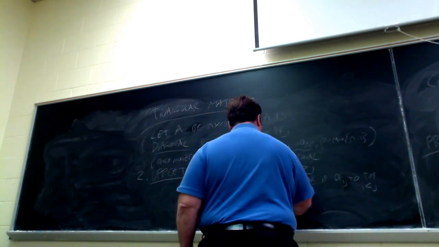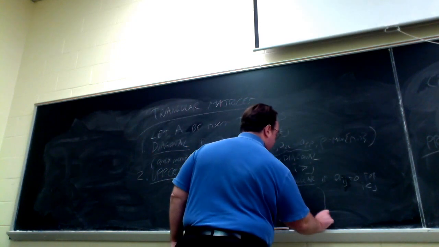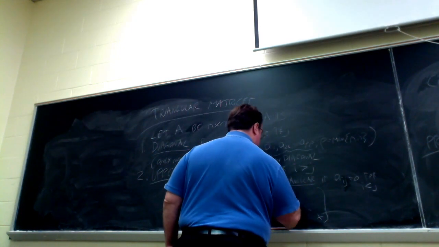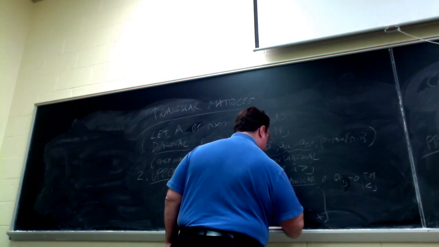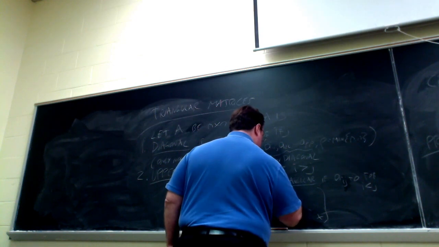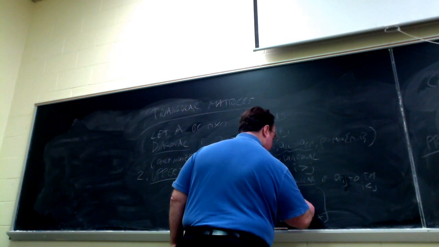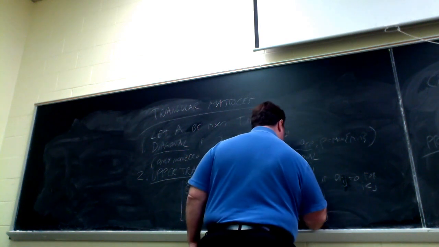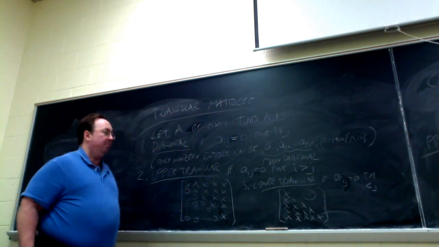Such a matrix looks like this, where you can have non-zeros on the main diagonal and below it. I'll make it 5 by 5, and then zeros everywhere up above.